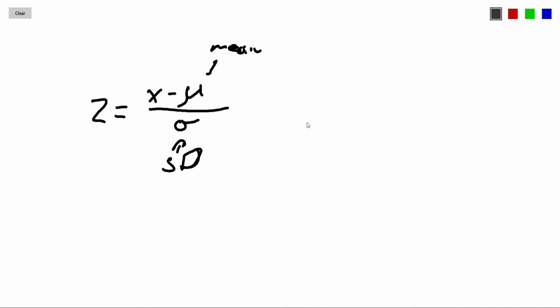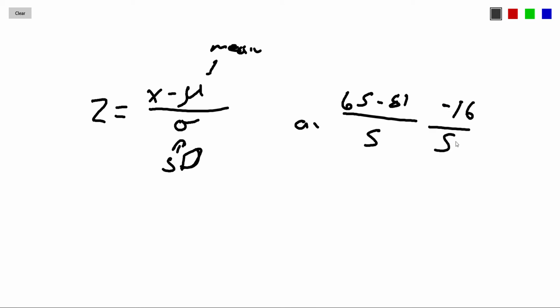So problem A on the worksheet, our value is now 65, and so 65 will be the first x value minus mu, which is 81, all over our standard deviation, which is 5. So 65 minus 81, that would be negative 16 over 5.